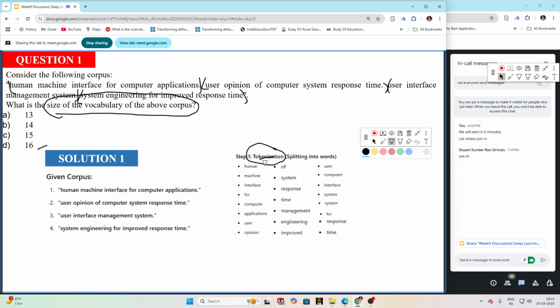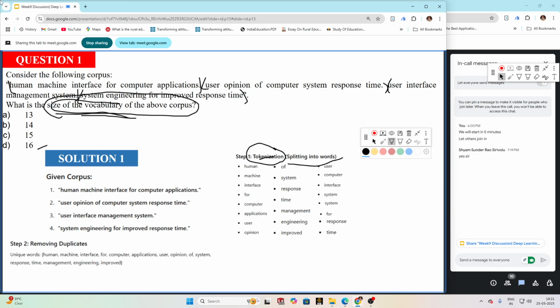So that is our first step. Second step: we are interested in the size of the vocabulary, and the vocabulary will always consist of unique words. So we have to make sure that we are not repeating words in the vocabulary.